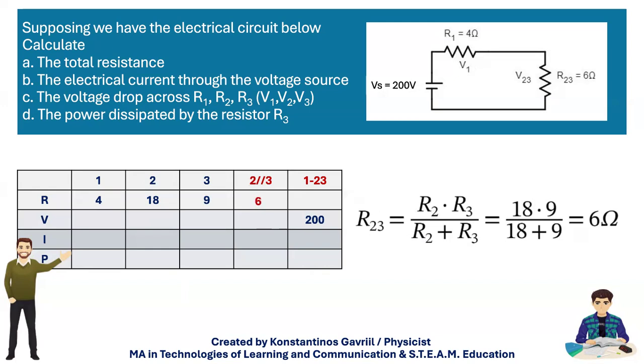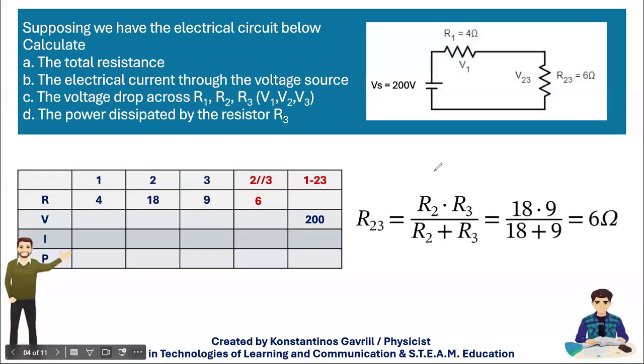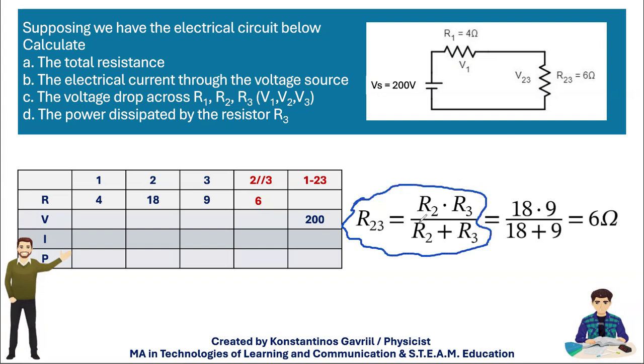Be careful here. I want to make a notice for you, which is that this formula here, R23 equal to R2 times R3 above R2 plus R3, is only for two parallel connected resistors, not for more.